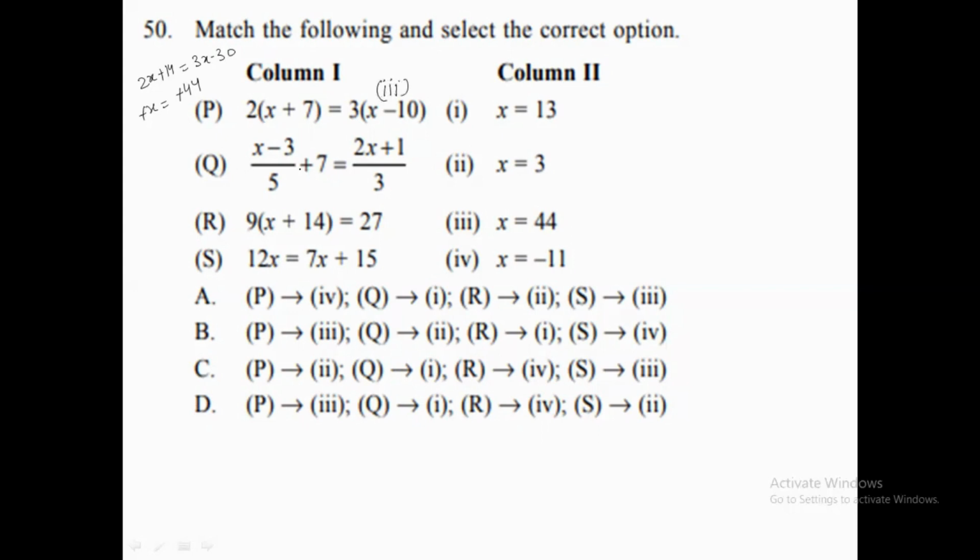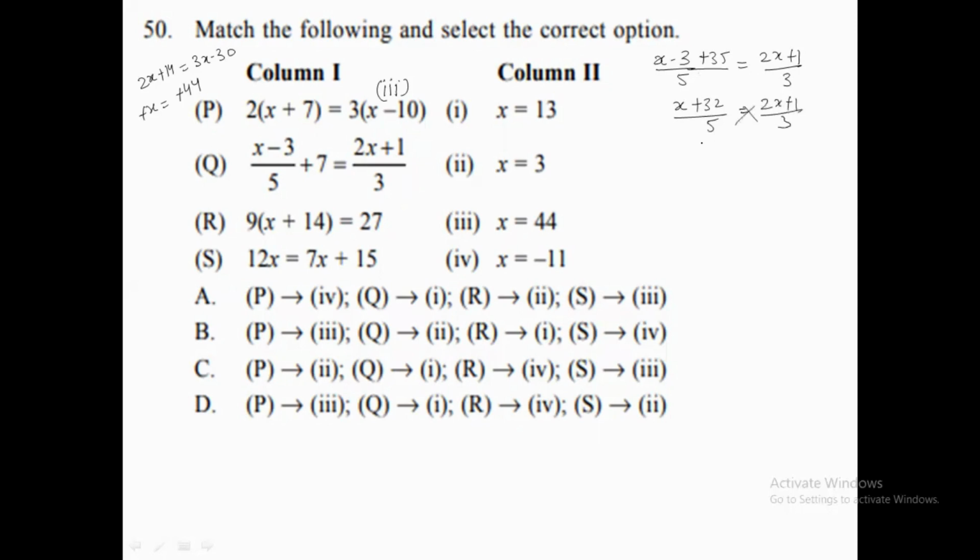Let's move to the second one. It says (x minus 3) by 5 plus 7 equals (2x plus 1) by 3. Let's solve it. 5 sevens are 35, so we can do it this way also. What we get is (x plus 32) by 5 equals (2x plus 1) by 3.